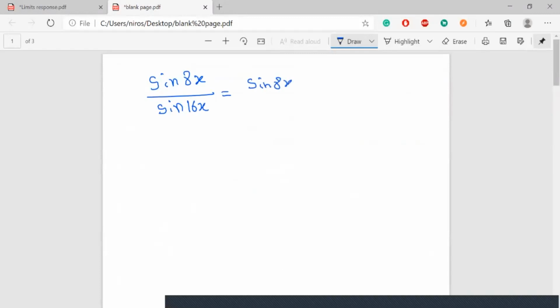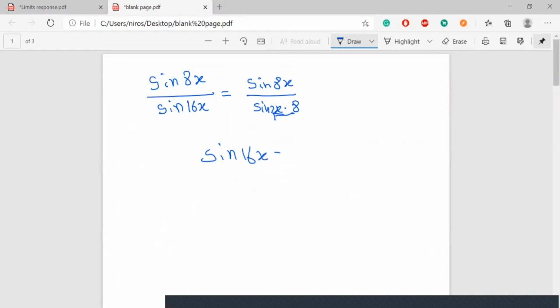You have written sine 8x by sine 2x into 8. You are taking this whole thing as 1, right? Please remember one thing: you can't take this 8 outside of sine.